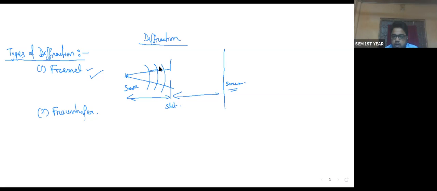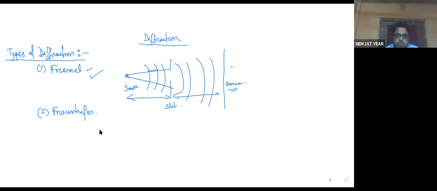It is a curved wavefront, and after passing through the slit, the wavefront must also have some curvature. So this is Fresnel diffraction.